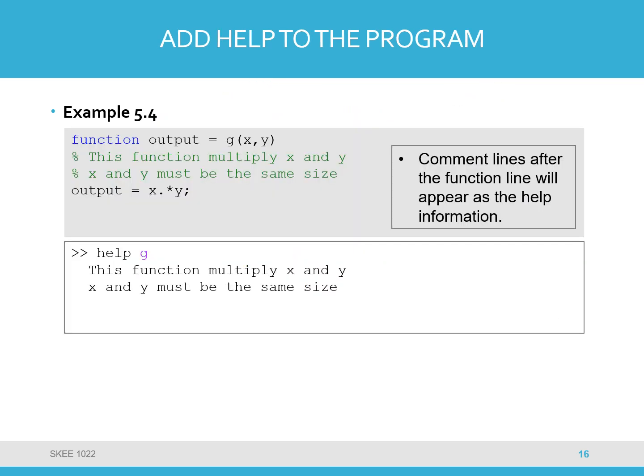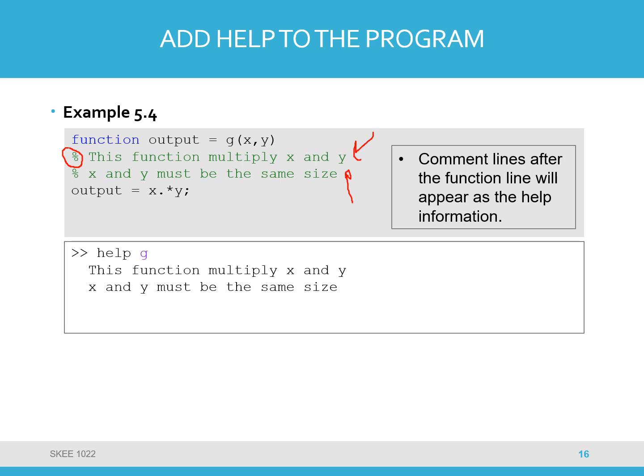The next example is comments. I showed before that you can use a percentage sign to write a comment for your function or script. It is easier for you to recall what you have written.